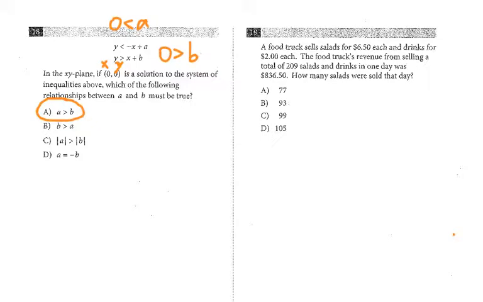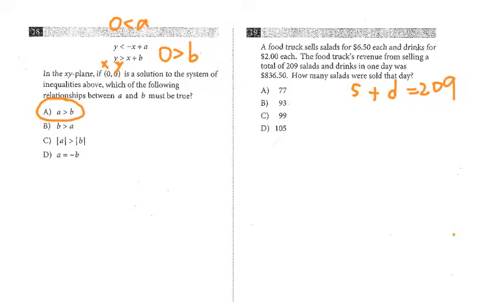Number 19. We're looking for how many salads were sold that day. Suppose salads are S and drinks are D. Adding together should be 209.